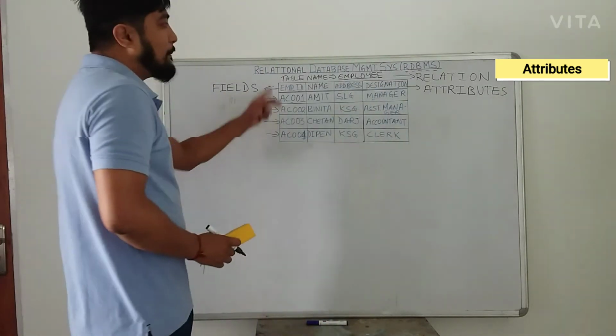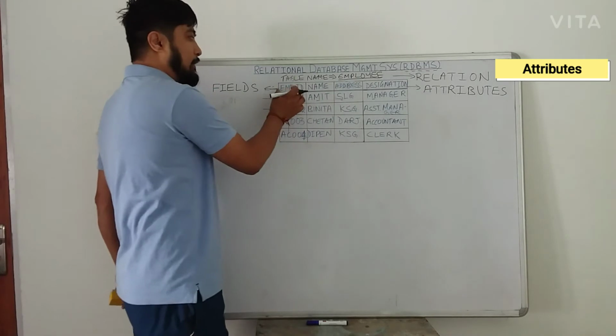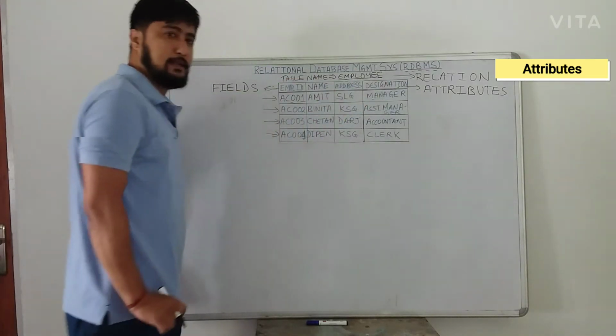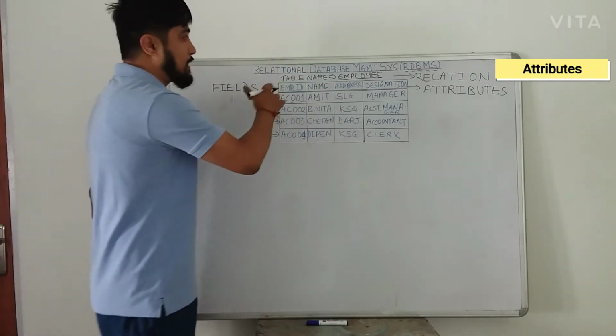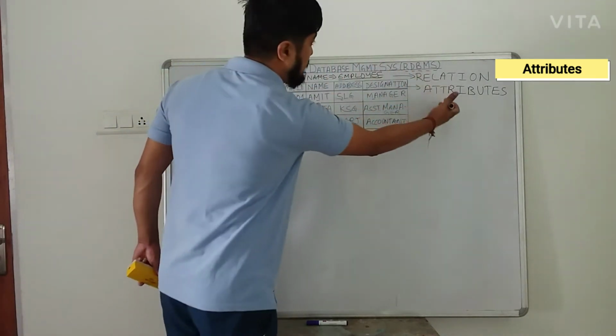So how many attributes are there? There are 4 different attributes, and the attribute names are EMPID, name, address, and designation.